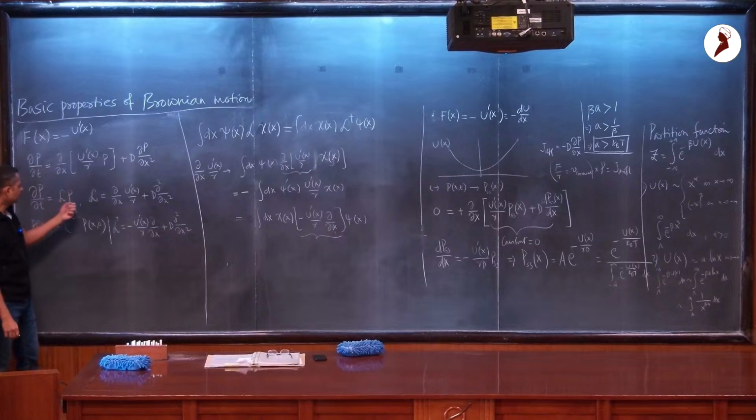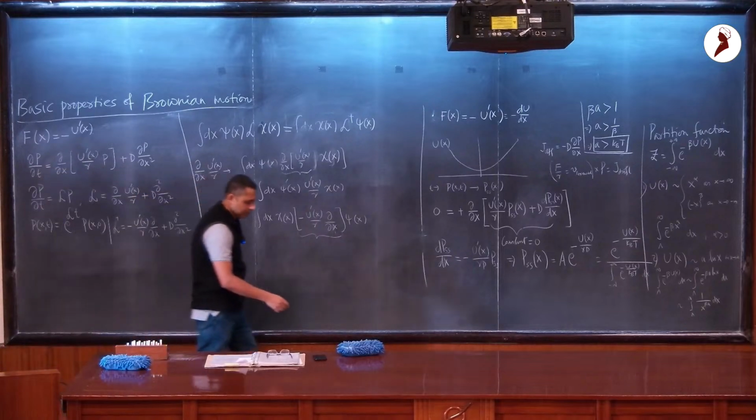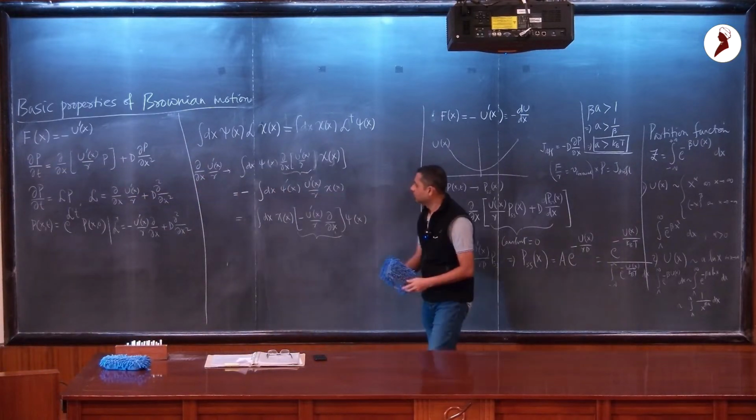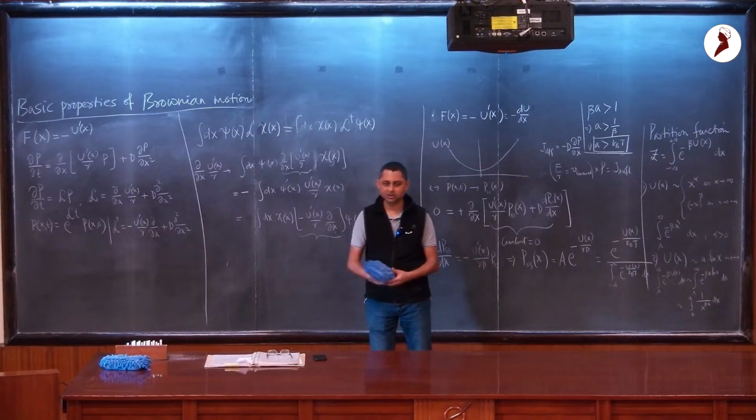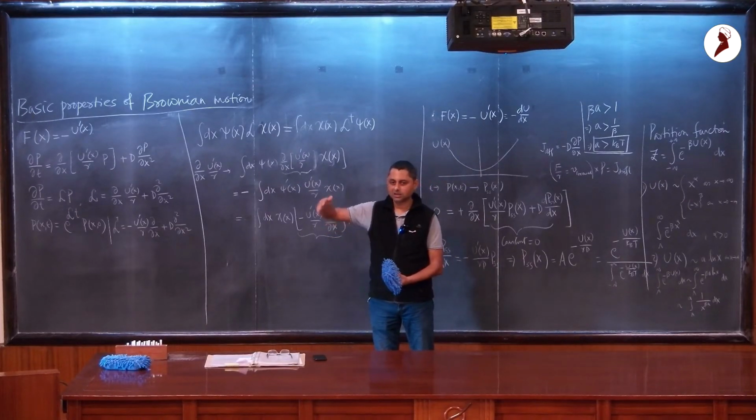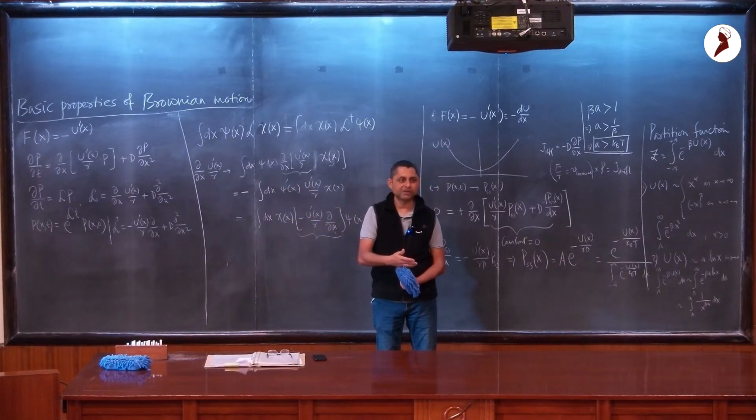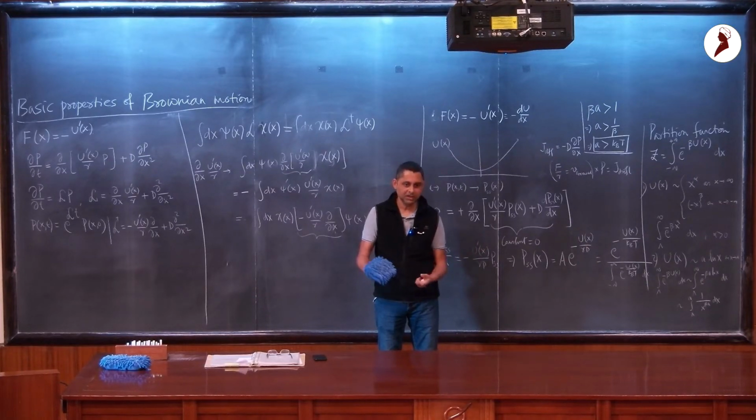So this operator is not a self-adjoint operator. It's not a Hermitian operator. It has consequences: we know that if I have a Hermitian operator, the right eigenfunction and the left eigenfunction are complex conjugates of each other, right? That's why in quantum mechanics we have ψ star ψ, one is the complex conjugate of the other. In this case, that's not the case.